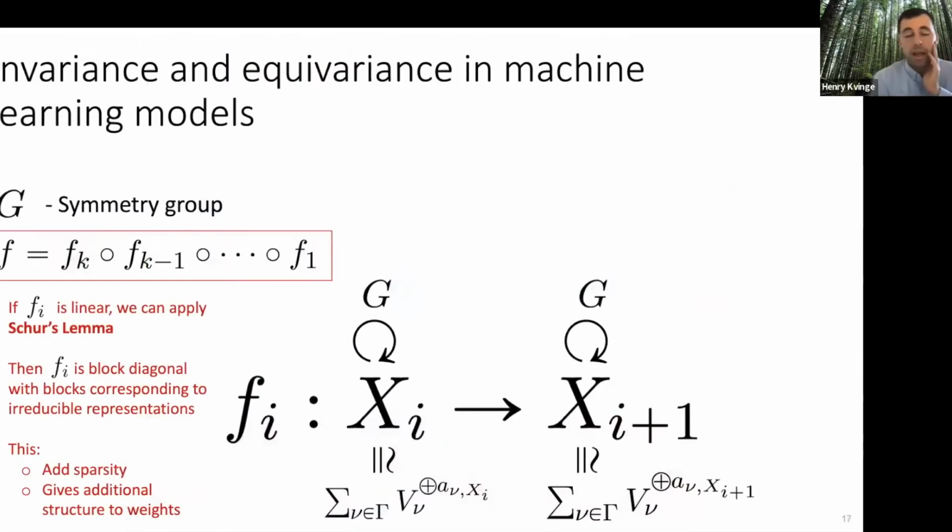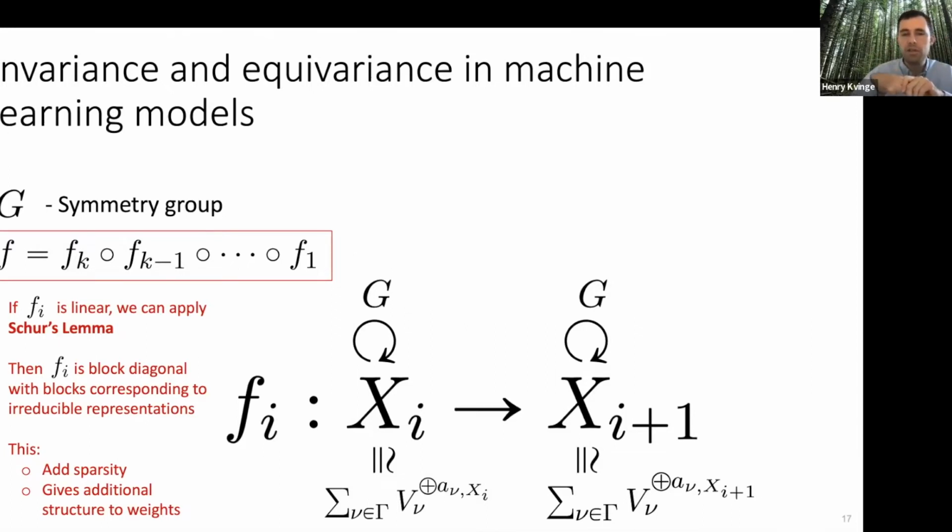So that's great. You can take your favorite group and play this game of trying to find the right constraints on your matrix so that only equivariant layers are learned. And since we're dealing with linear things, if we don't have a bias, then we can do all sorts of fun things like decompose into irreducibles, get block diagonals, and ask which irreducibles are most important, and all this sort of thing.